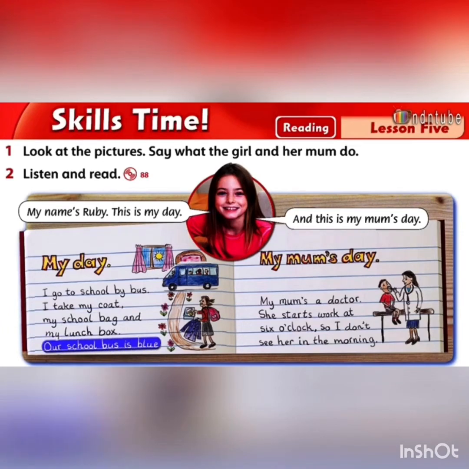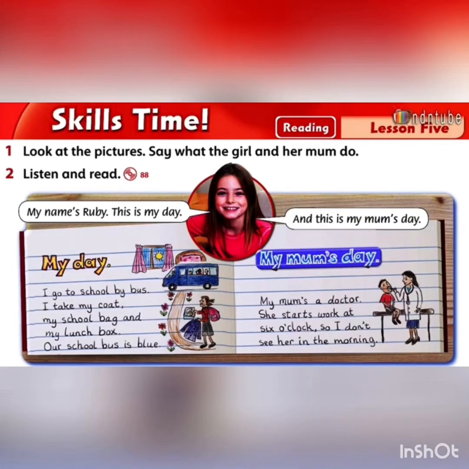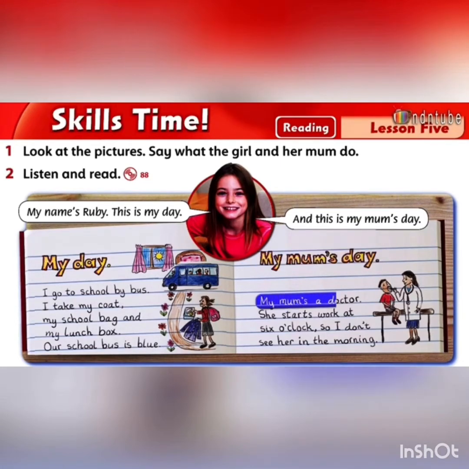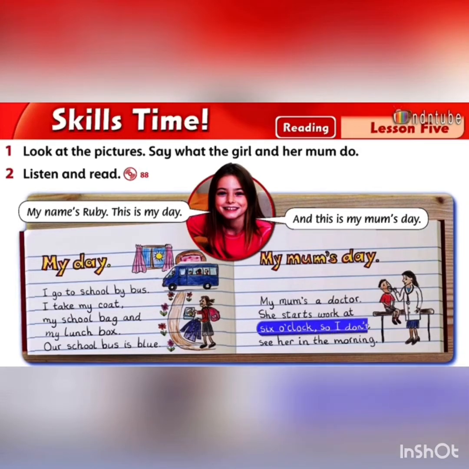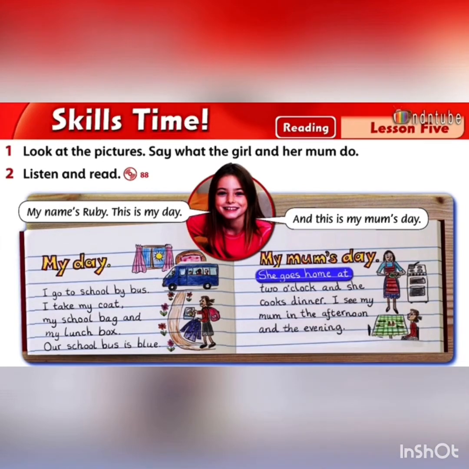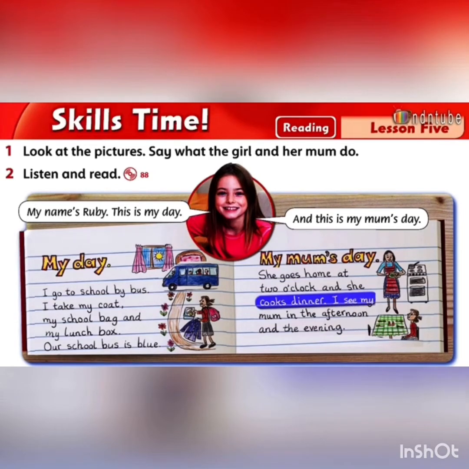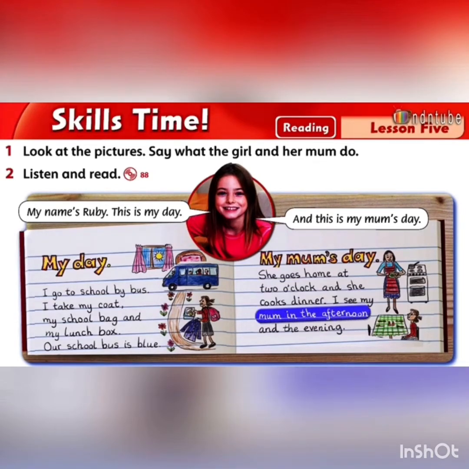Our school bus is blue. And this is my mom's day. My mom's a doctor. She starts work at 6 o'clock, so I don't see her in the morning. She goes home at 2 o'clock and she cooks dinner. I see my mom in the afternoon and the evening.